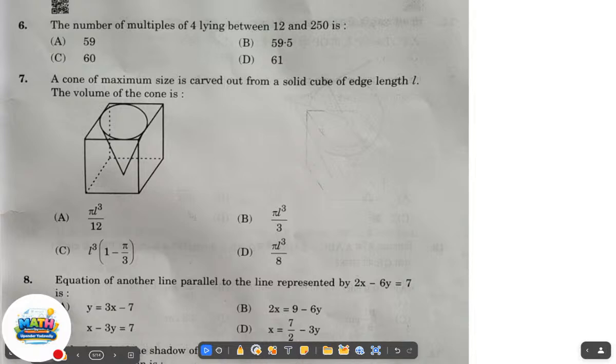Here there is a cube of edge length L, so the diameter of the base of the cone will be equal to L. If the diameter of the cone is L, then the radius of the cone will be L by 2. So the height of the cone will be equal to L. A cone of maximum size means the diameter will be equal to the edge length and the height will be equal to the edge length. So we need to find the volume of the cone here.